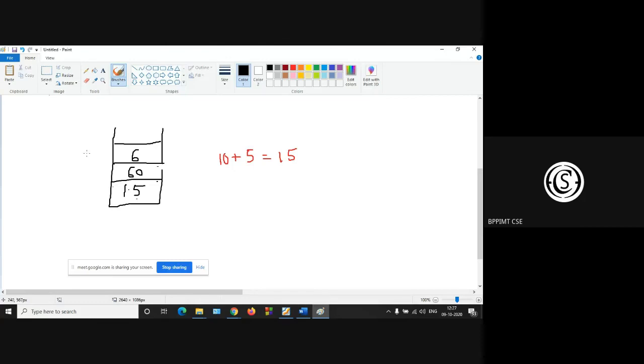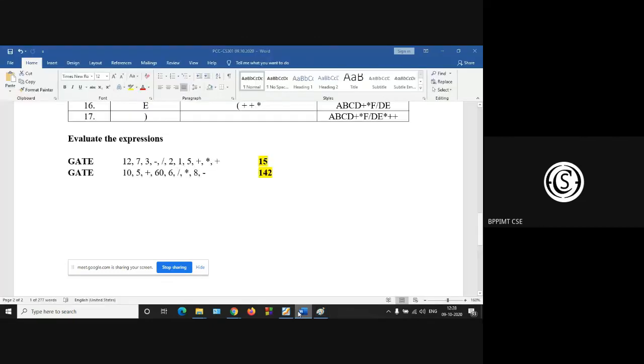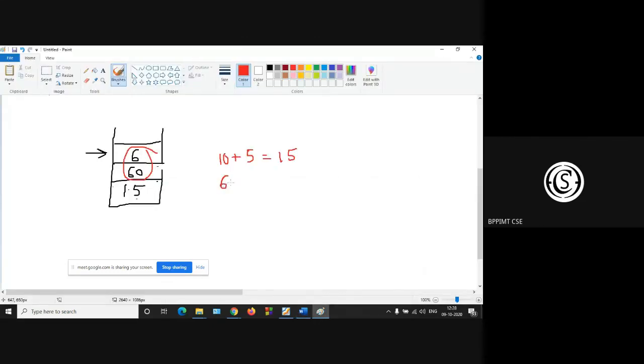Your stack top is now at this one. So you have to pop this 60 and 6, and this is division. So 60 divided by 6, that is 10.